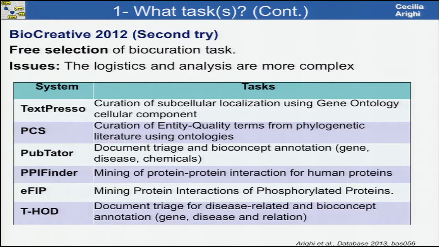We have six teams that participated in the evaluation, and as you can see, they cover very different aspects of biocuration, from protein-protein interaction to gene mention, to curation of entities in phylogenetics. So it was very diverse, and also very complex, because we have to deal with a lot of different curation issues.